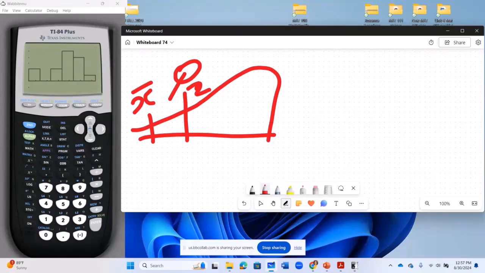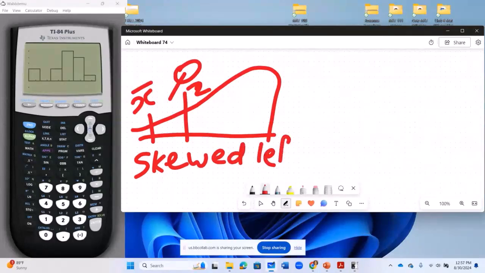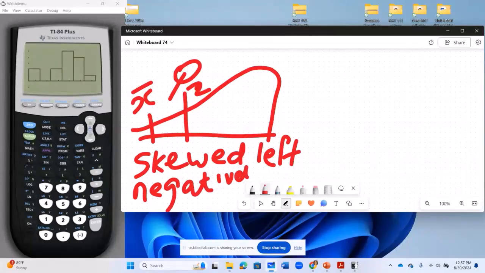If the mean is less than the median, we call it a skewed left distribution. And skewed left is the same as negatively skewed, just in case you see negatively skewed.